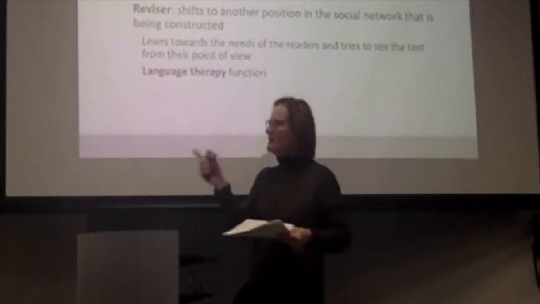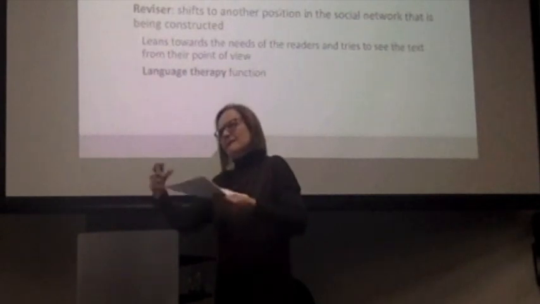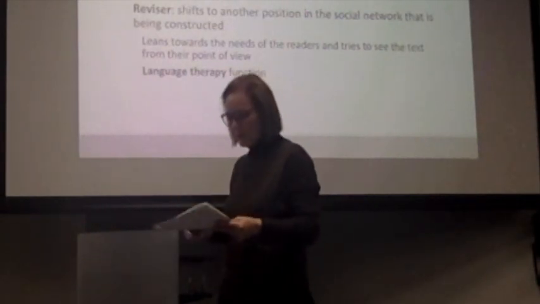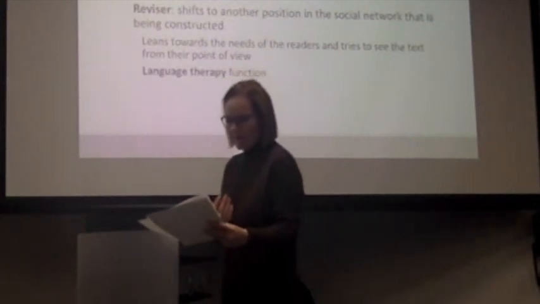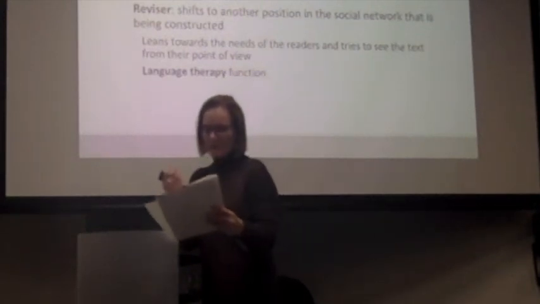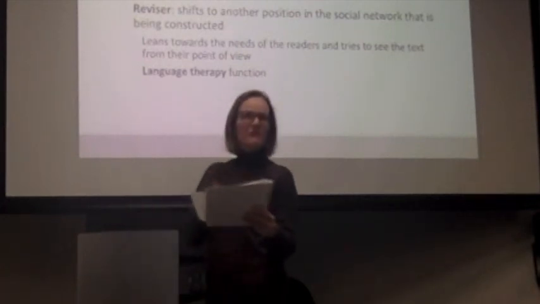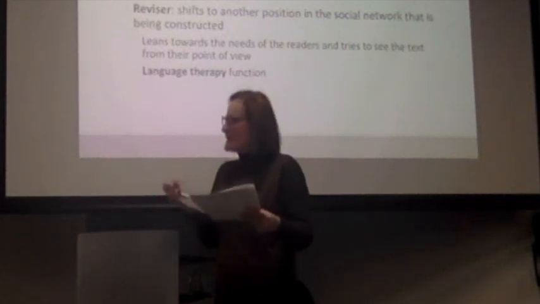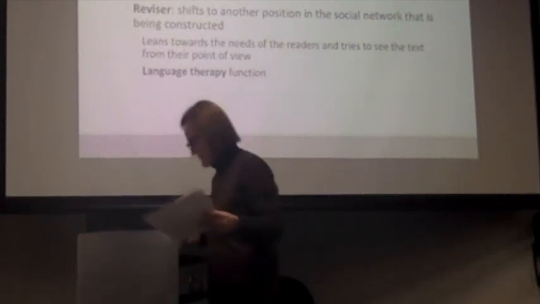So the self-reviser is the gatekeeper, and the other reviser is the language therapist. Now, it's also not clear when this gatekeeping task of the translator happens: during the translation or during the self-revision? So that isn't clear either. When happens what?